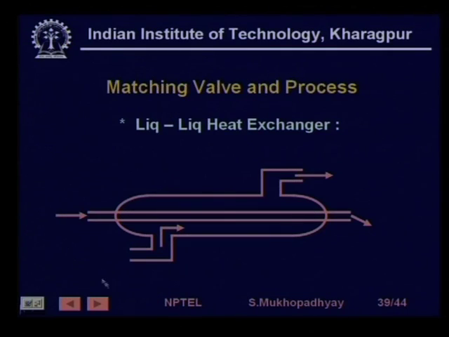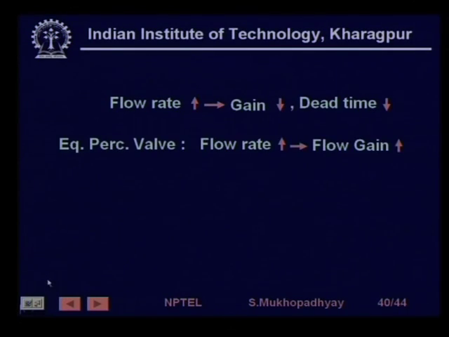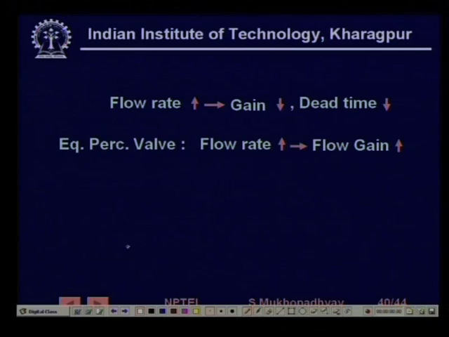So, for this application, if one uses an equal percentage valve, then as we know, the valve gain goes up as the flow rate goes up. So automatically the loop gain increases as the flow rate increases. The overall process loop transient characteristic is maintained uniform simply by the choice of the valve.